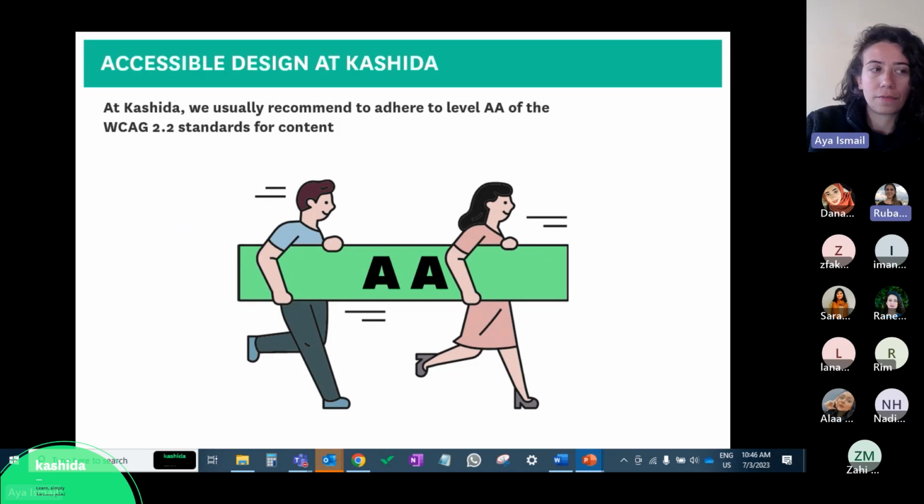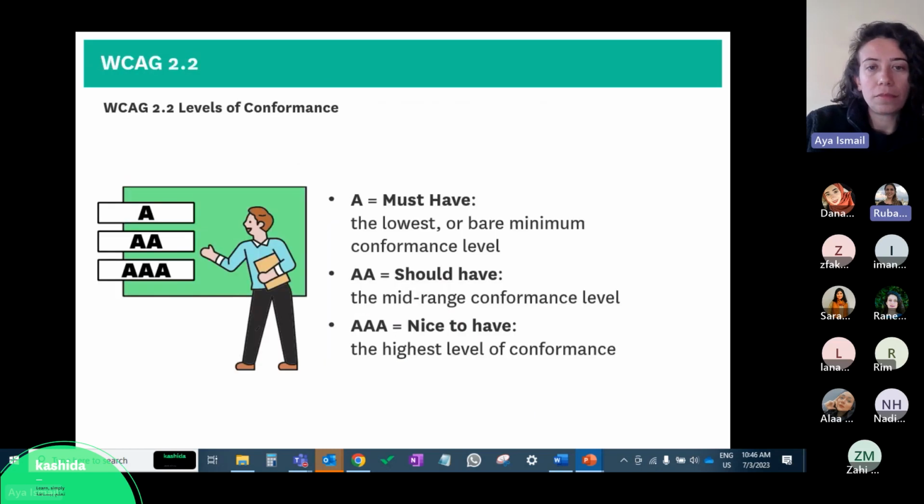I want to say a comment about why A, why AA, and why AAA. So right now, if I open any website or let's say an LMS and I use my screen reader, there is a minimum function simply because of the coding language and because of the nature of how we add content on the screen.